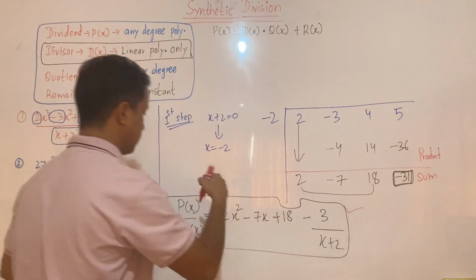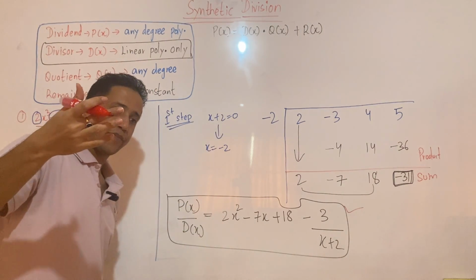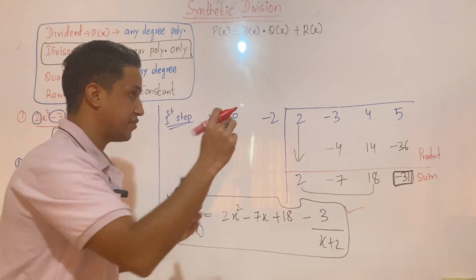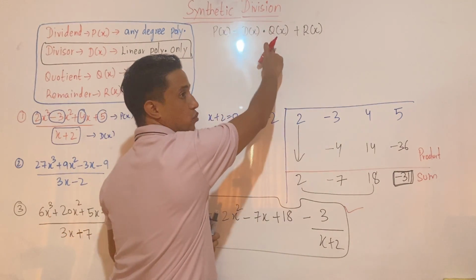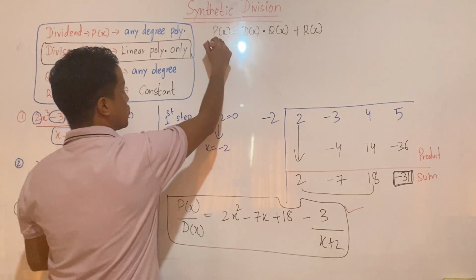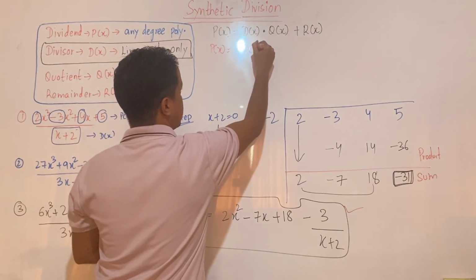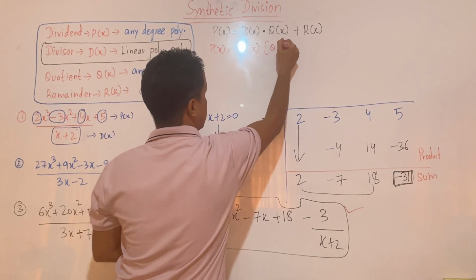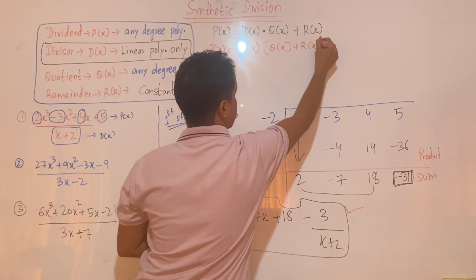See here, for a normal division process, I can summarize the division as dividend equals divisor multiplied by quotient plus remainder. So Px equals Dx times Qx plus Rx.